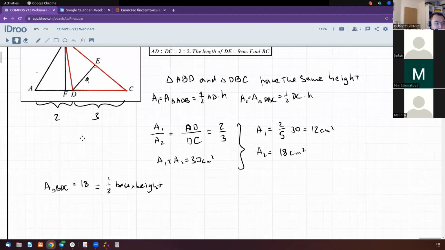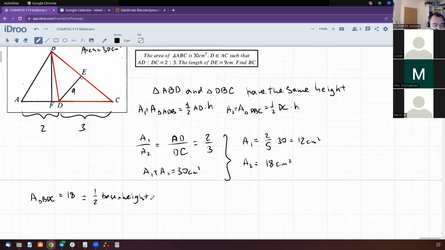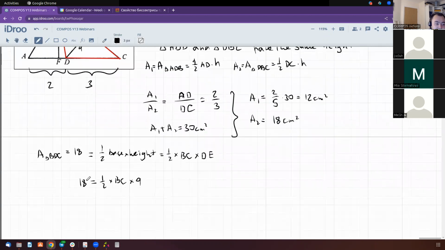And it can be any height. So it's 1/2 multiplied by base BC multiplied by height DE, which we know. So we have 18 is equal to 1/2 multiplied by BC multiplied by 9. And therefore we can find BC. BC is equal to 4 centimeters.